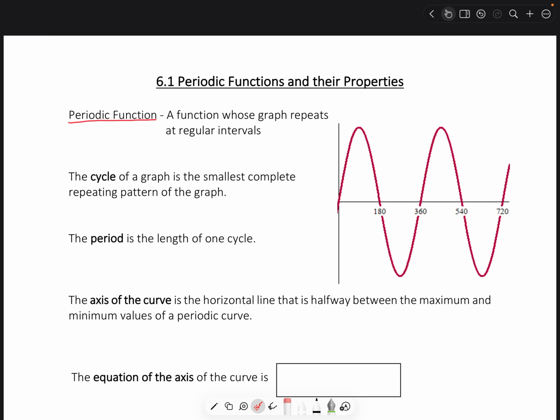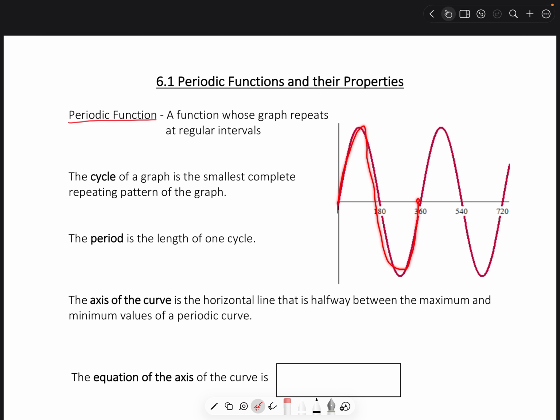Let's say for this graph, the interval is 360 because this is one cycle. I'll explain what a cycle is later on, but this is just to help you visualize what a periodic function is.